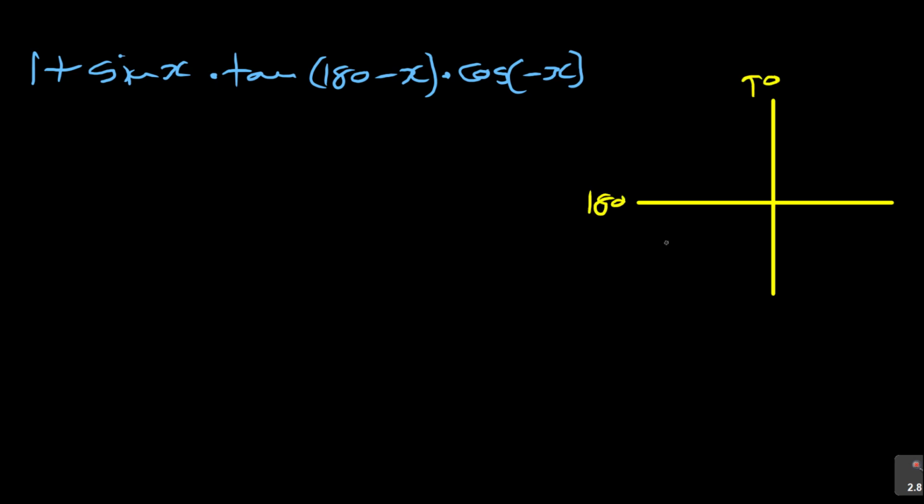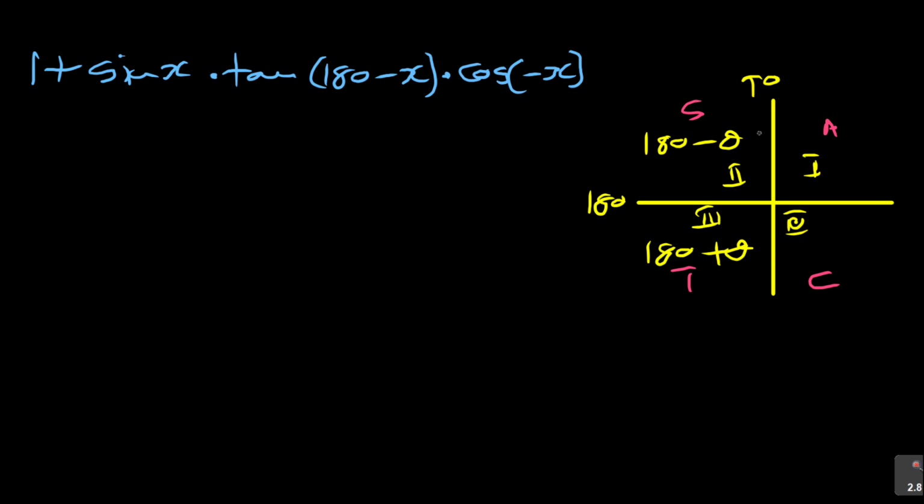Here is plus theta, but here is 180 minus theta. This is quadrant 2, and this is 1, 2, that is 3, that is 4. And then remember, on the cast, it's all students take chemistry.